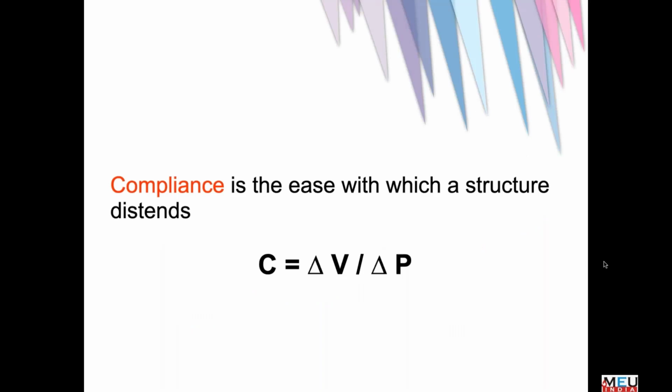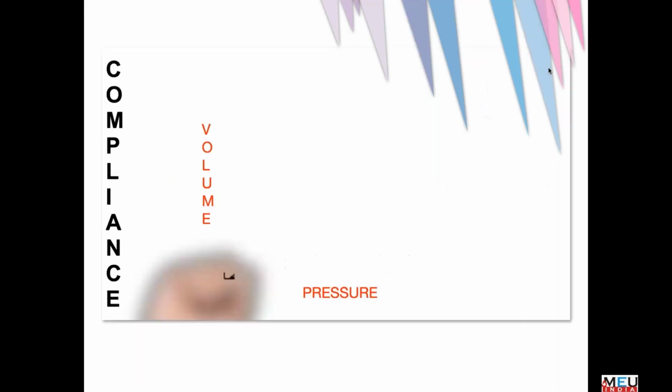Now, I'm trying to explain what compliance is in this slide. Compliance is the relation of volume to pressure, and this is extremely important for anybody who wants to learn critical care. So in all our lectures on critical care, a lot of time is spent on compliance and resistance.